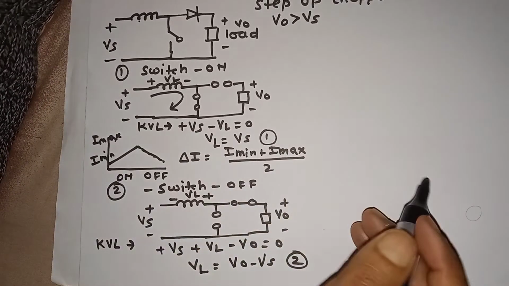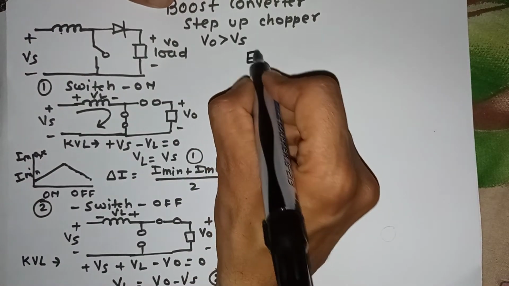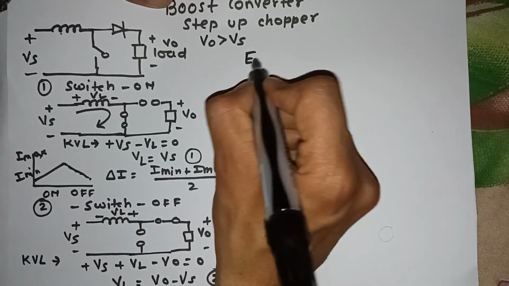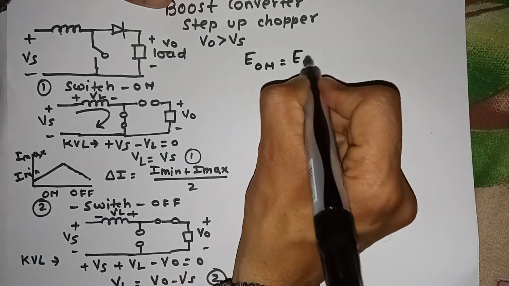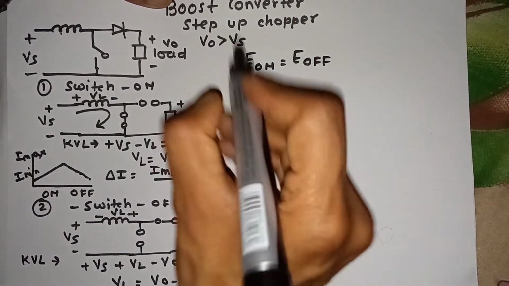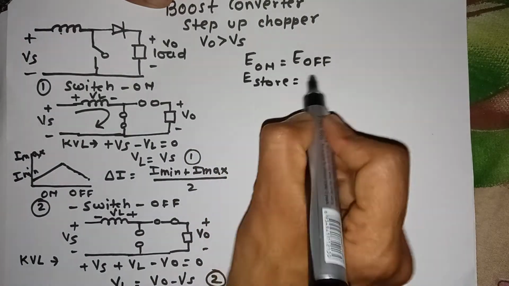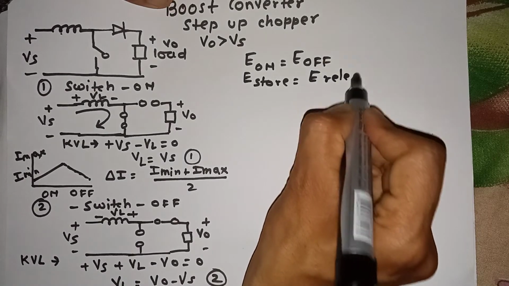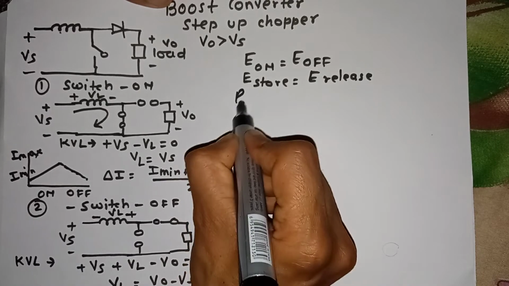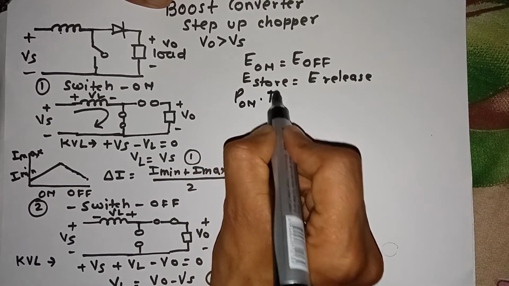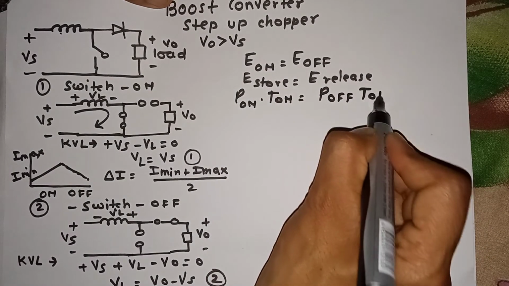Now we know that according to the energy conservation law, whatever energy is stored is equal to the energy released. The on-time energy is equal to the off-time energy, or we can say energy stored is equal to energy released. So the equation will be power on-time into T on is equal to power off-time into T off.